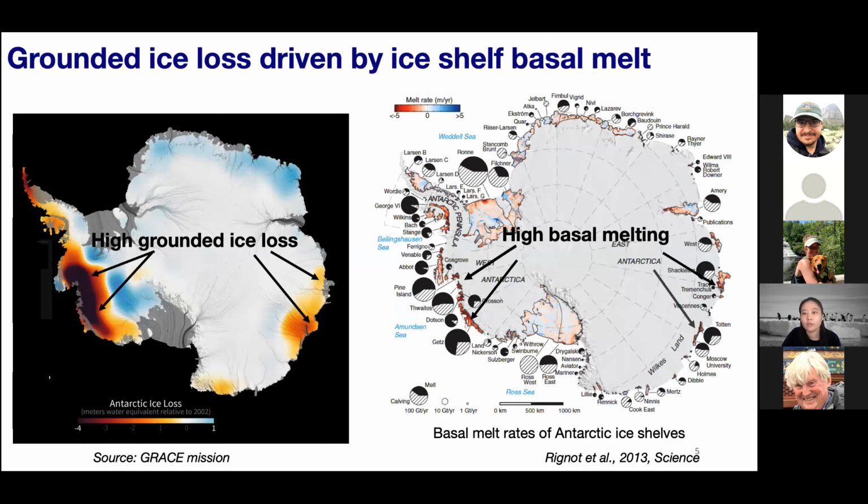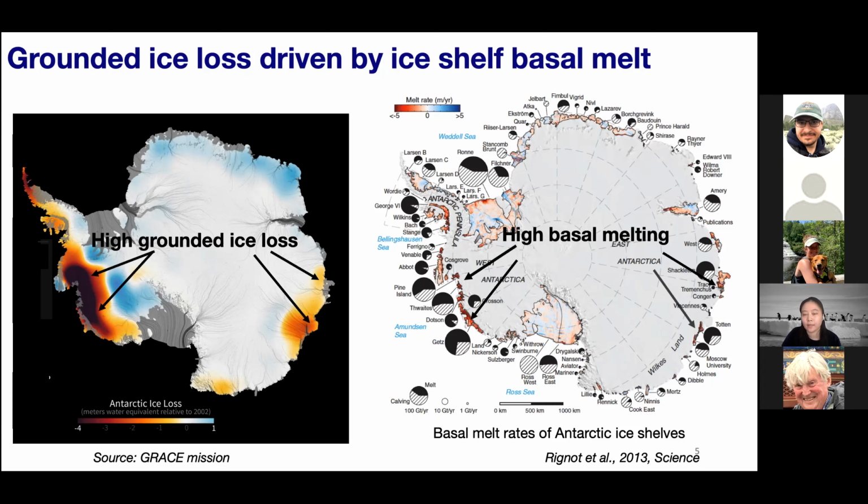The figure on the left is the ice loss from Antarctica from 2002 to 2020, measured by the GRACE mission. The red indicates where the mass is decreasing, and the figure on the right is a map of basal melt rates. The darker red shows areas where there are very high basal melt rates.